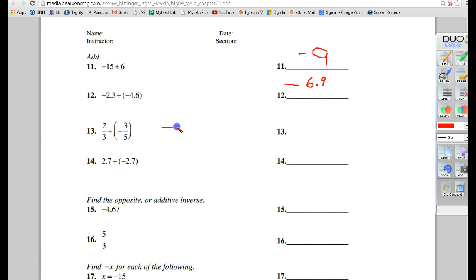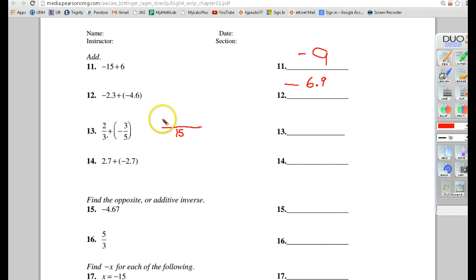Now here we have fractions. And in our lesson, you recall, we had to get a common denominator to add these fractions. And our common denominator is 15. And we had to multiply this by 5 to make it 15.